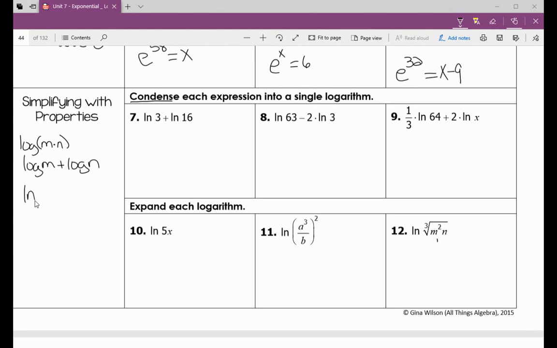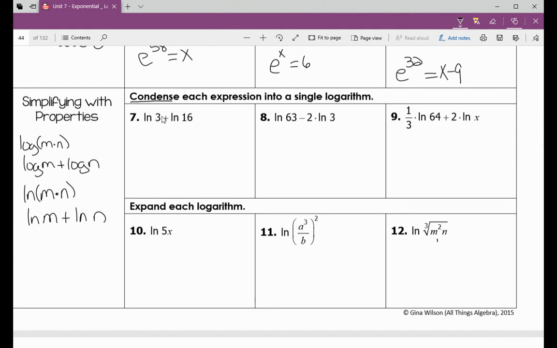Now, if I have natural log of m times n, I can rewrite that as natural log of m plus natural log of n. So the only difference between the two is that this is a base 10 scenario and this is a base e. You do not write those bases. When you have an ln or natural log or a common log base 10, you do not put the bases.